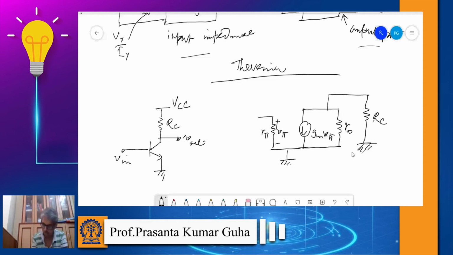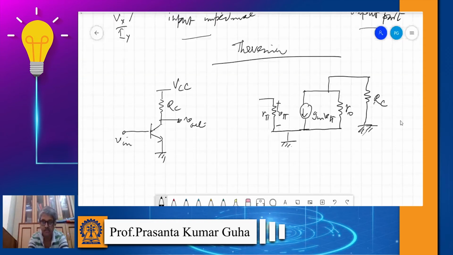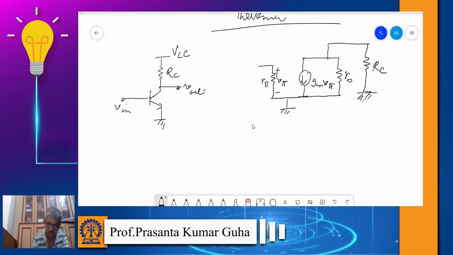If we want to find out the input impedance, what I have to do is connect here Vx and Ix. So this will be your Ix, and this will be your Vx. So this Vx over Ix will be your R pi. That's basically your input impedance.